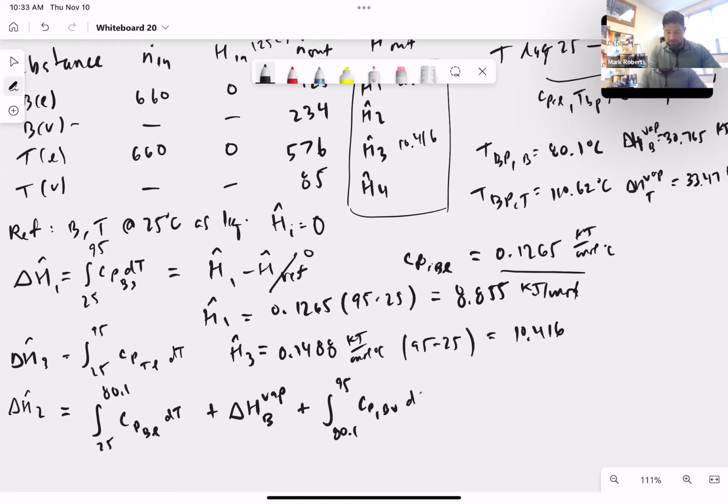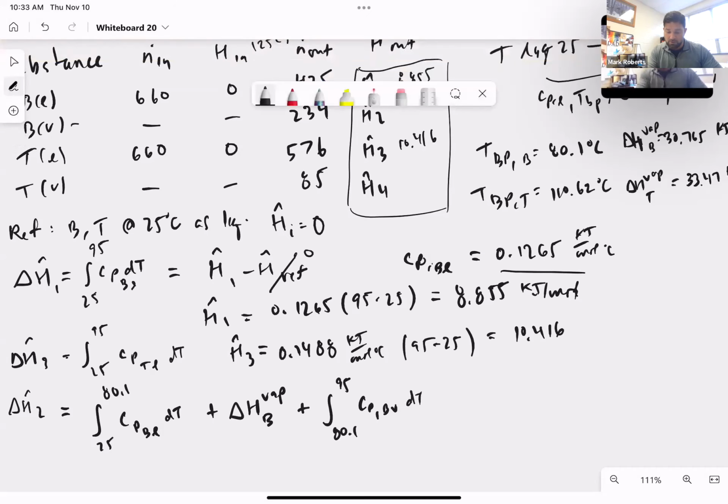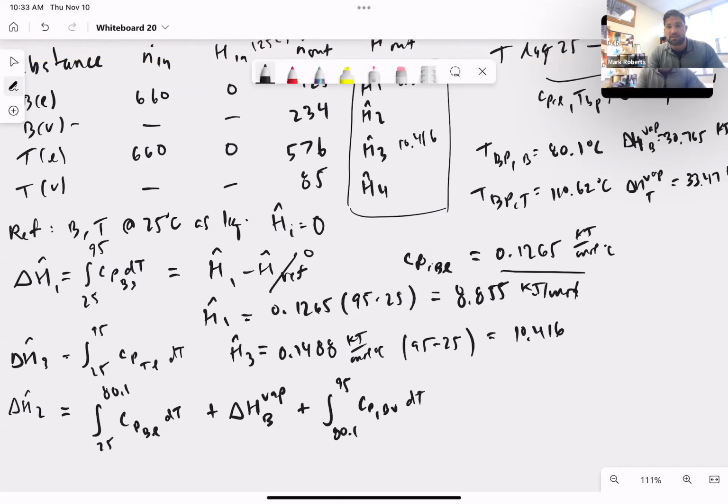In order to do that, I need to go back to table B1 or table B2 and find the heat capacity of benzene as a gas. And again, this is going to be a polynomial. From the table, I get 0.07406. If you look at the table, what it tells us is that this first term is actually 74.06 times 10 to the minus 3.